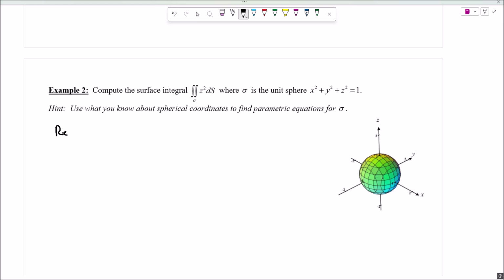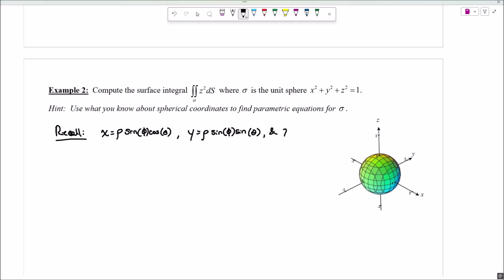So recall that in spherical coordinates, it was the case that my x variable was always equal to rho times sine of phi times cosine of theta. Y was equal to rho times sine of phi sine of theta.